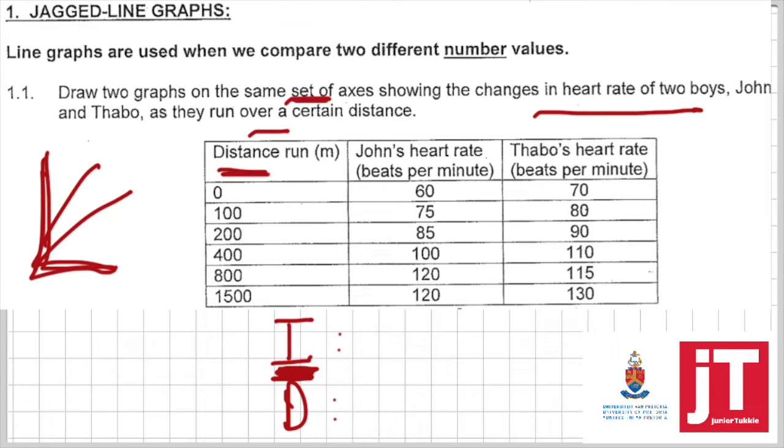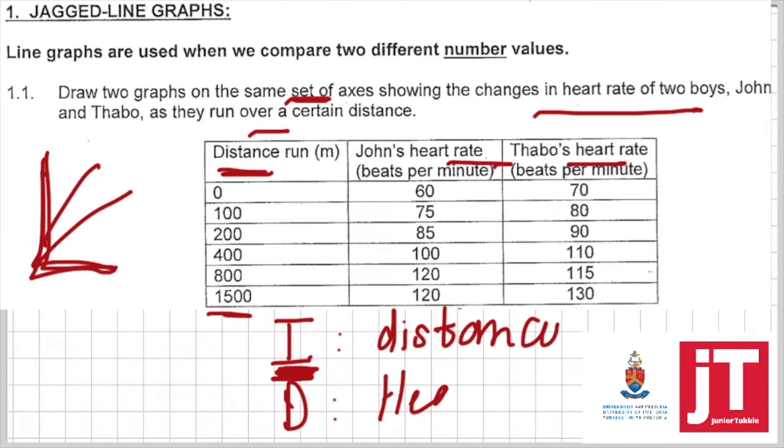You see, I control distance. I chose to make the boys run over 1,500 meters. I could have chosen 3,000 meters, 100 meters. That's why it's called the independent variable. And of course, what are you measuring? The heart rate. Because let's be honest, you cannot actually control someone's heart rate.